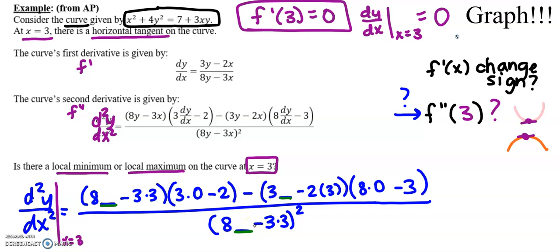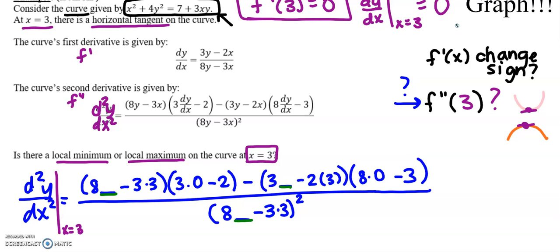Well, to find y, I always go back to the original. We always go back to the original function when we need a y value. So I'm going to say that 3 squared plus 4y squared equals 7 plus 3 times 3 times y.